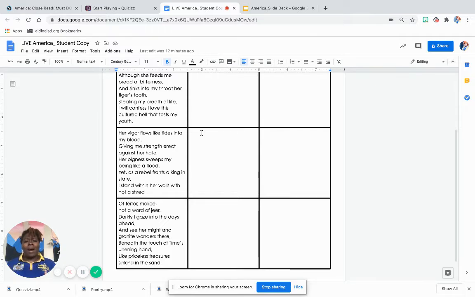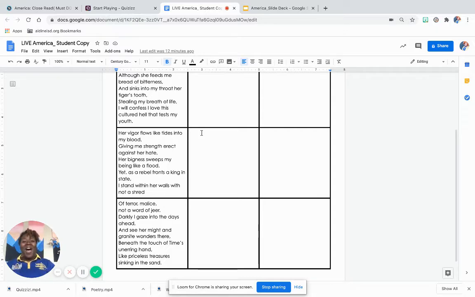Her bigness sweep my being like a flood, Yet as a rebel fronts a king and state, I stand within her walls with not a shred of terror, malice, not a word of jeer. Darkly I gaze into the days ahead and see her might and granite wonders there. Beneath the touch of time's unerring hand, like priceless treasures sinking in the sand. America by Claude McKay. Read by Mrs.